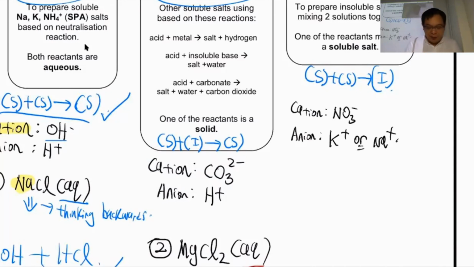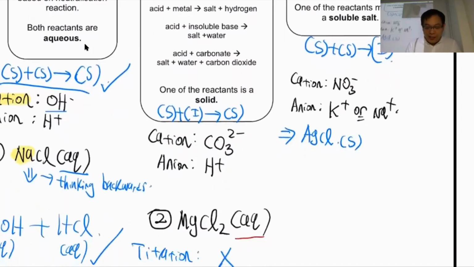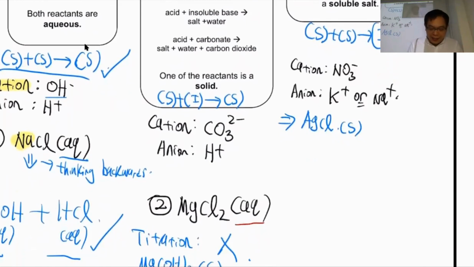I give you an example. This is a classic example, like silver chloride. Now, silver chloride, they ask you to prepare it. So you must first of all think through, is it soluble or insoluble? Insoluble, because based on my solubility table, I can deduce it. One is insoluble, then I can deduce, okay, this is likely the precipitation method.